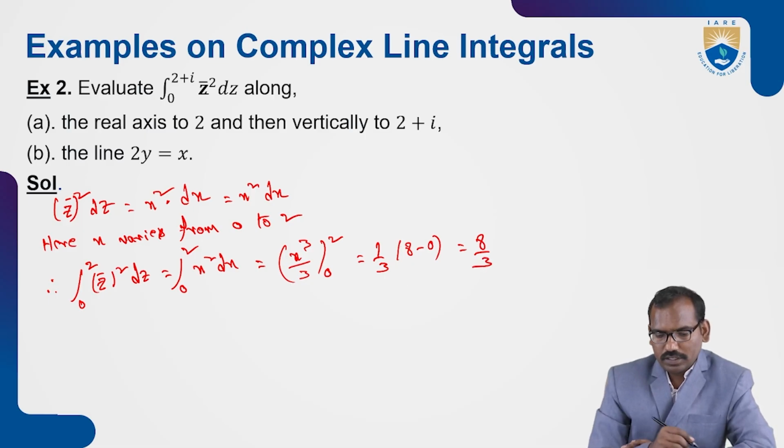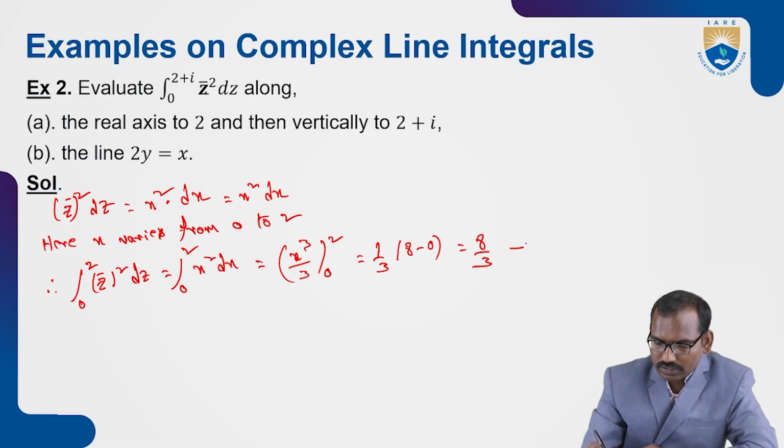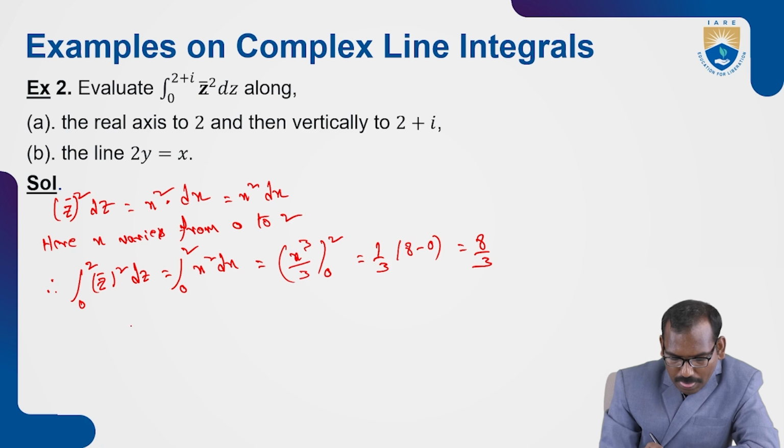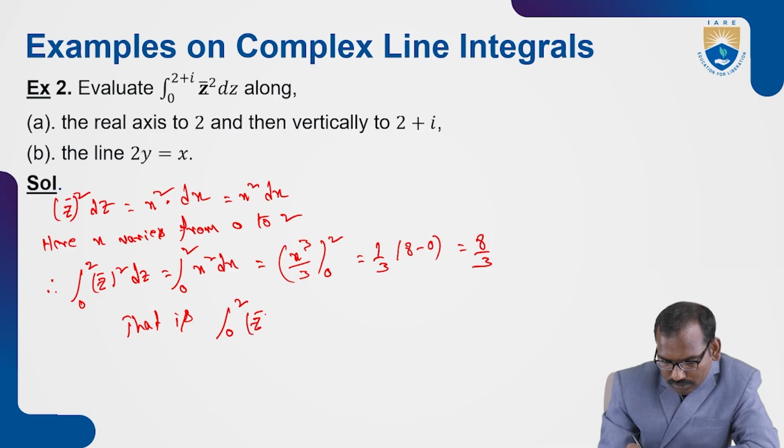Okay, so keep this as result 1. You can write that integration from 0 to 2 of z bar whole square dz is 8 by 3. Make it result 1.